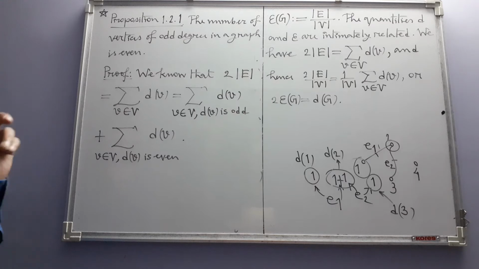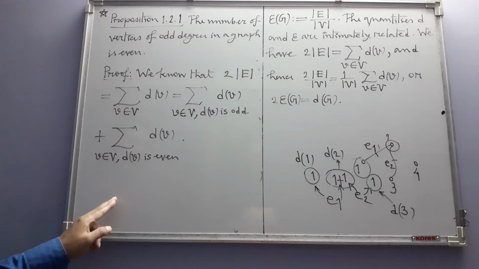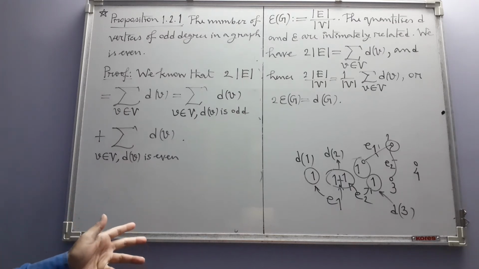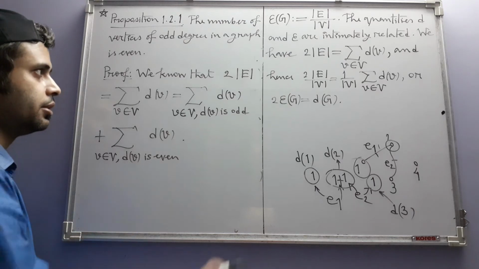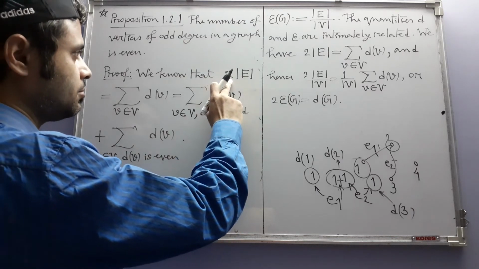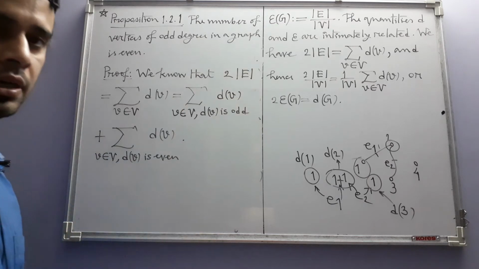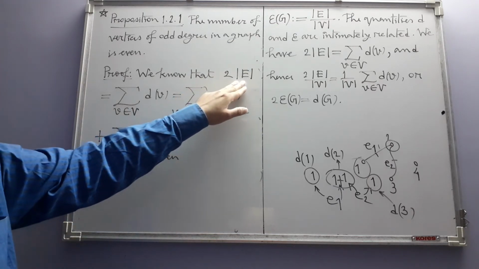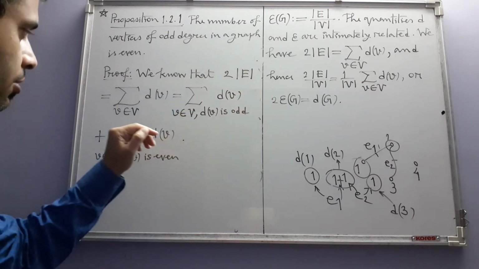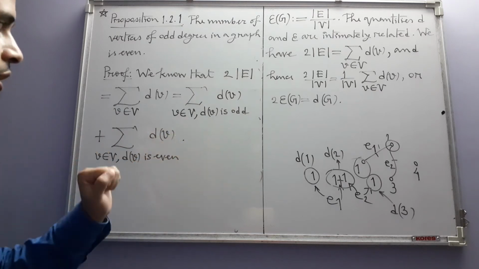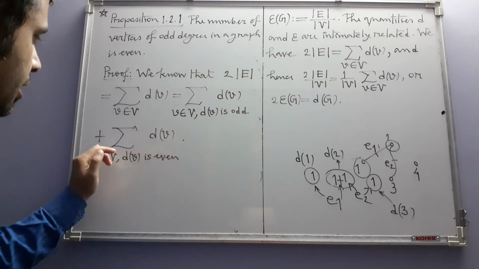Okay, now we look at this equation. It's an equation which involves integers and in fact non-negative integers. On the left hand side we have an even integer because this is 2 times the number of edges. On the right hand side there are 2 integers and we are looking at their sum.